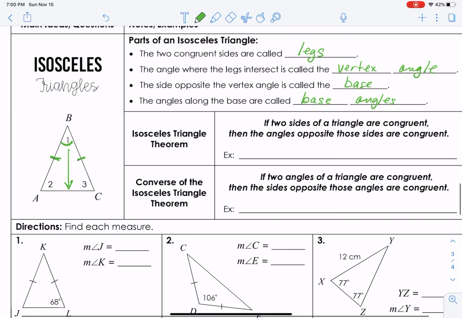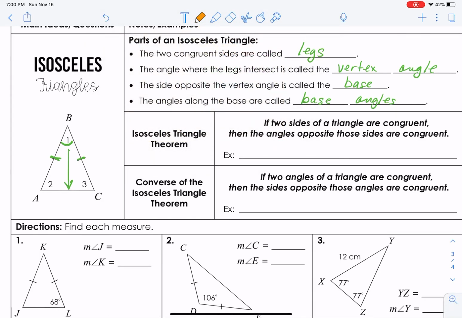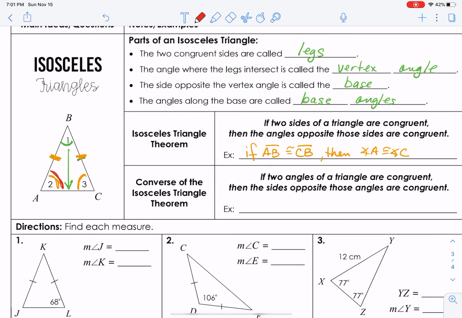So we've talked about the two theorems for isosceles triangles. The first one says if the two sides are congruent, then I know something about the angles. So if AB is congruent to CB, then angle A is congruent to angle C. We can also go the other way and say if I know the angles are congruent, then I know the sides are congruent.